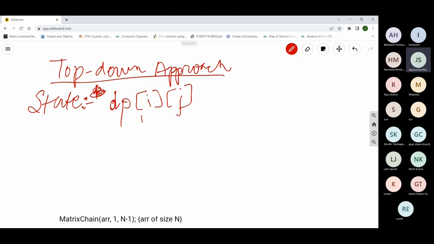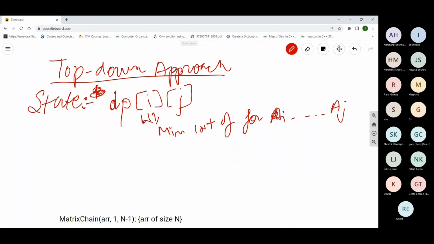DP of ij represents the minimum cost of multiplication for matrices Ai till Aj, and this is what your state will be, and the next will be the transition.